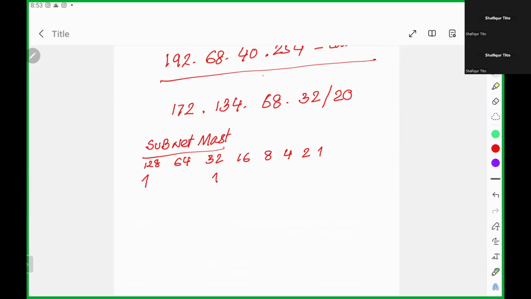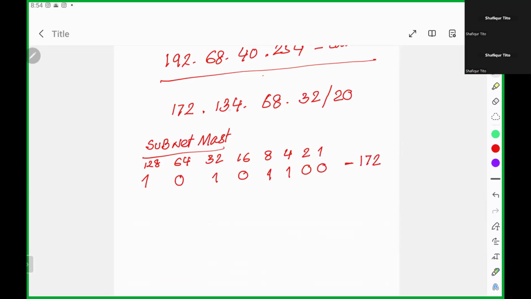Then I have 12, so I can take 8 and then 4. So this is my 172. The rest of the bits will be 0.